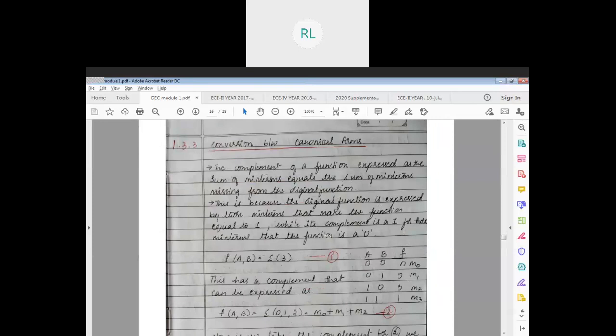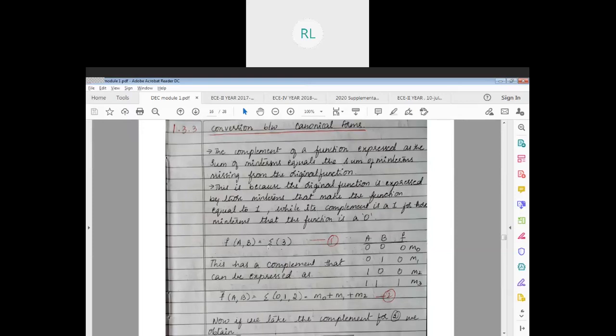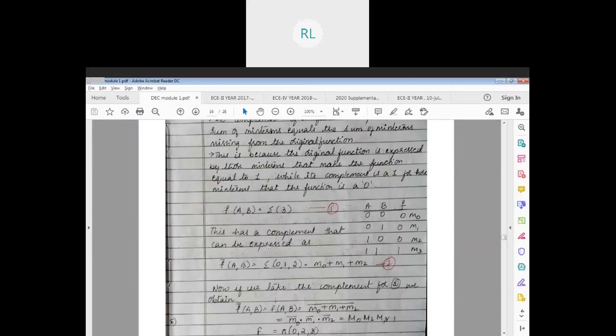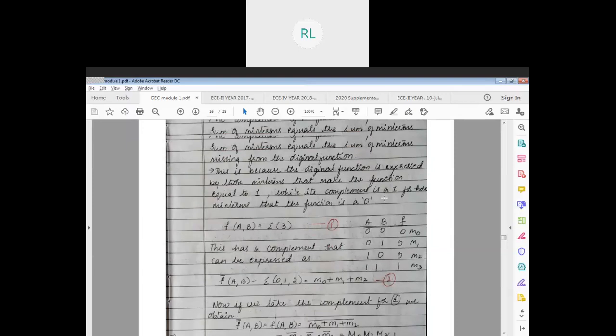This is because the original function is expressed by those minterms that make the function high. In minterms we are considering only if it is high, so if it is high, then we take up that term. If it's a 0, then we neglect it. As we saw in the previous truth table, you can recall.